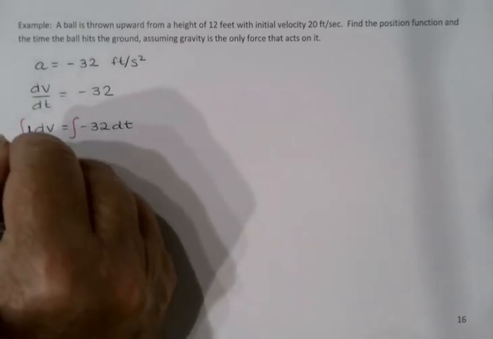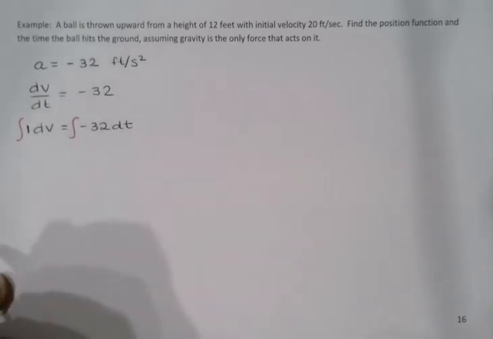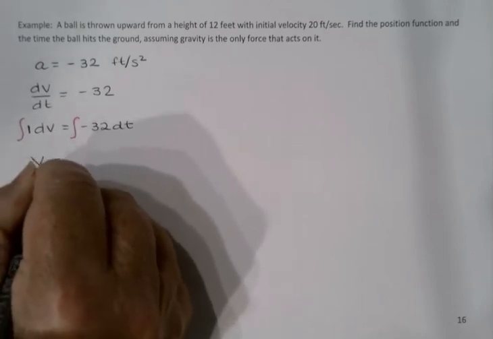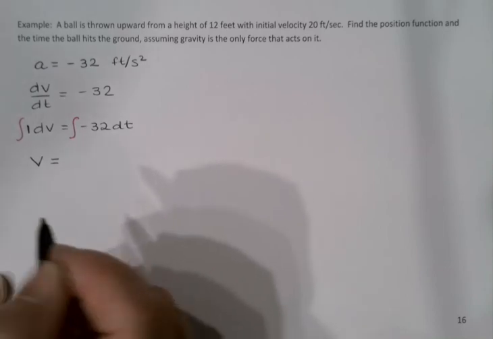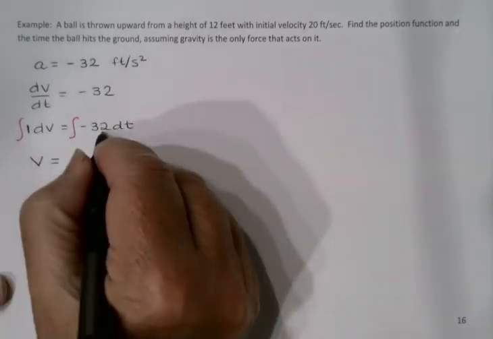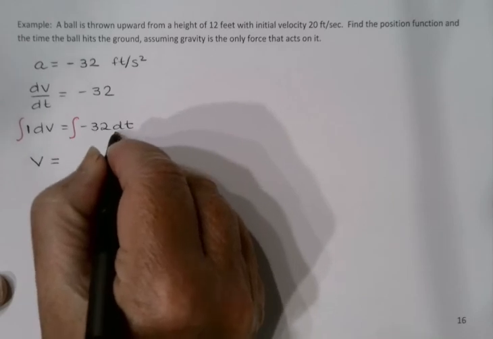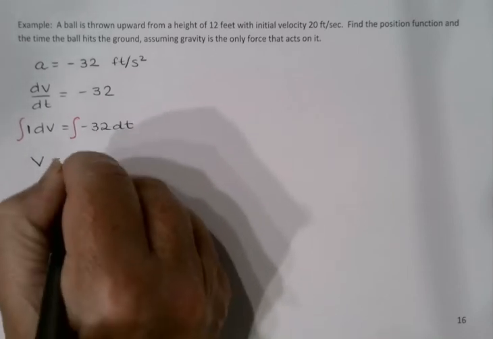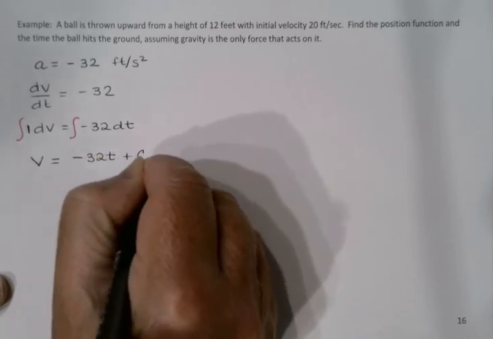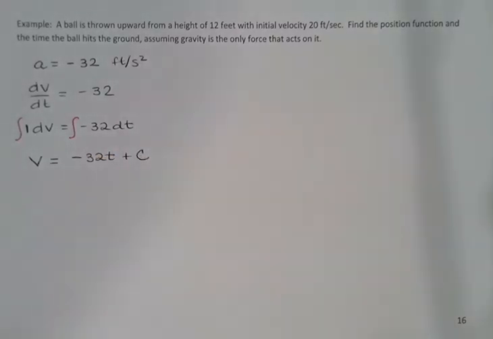This is the antiderivative of 1 dv, so that's going to give me 1v, or just v. I know there's a plus c, but I'm going to incorporate it into the other side. Here I've got negative 32 dt, so this integrates to negative 32t, and I'll put the plus c over there.